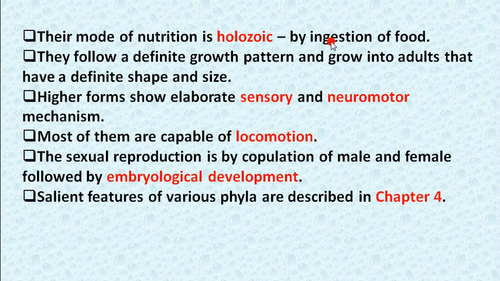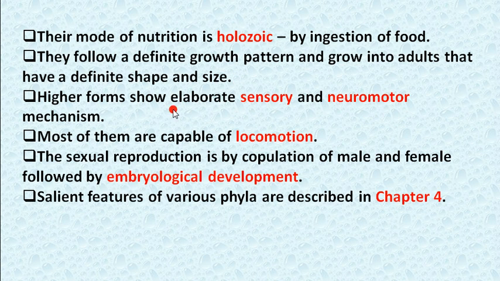That's why this is called holozoic. And they follow a definite growth pattern, complete and perfect. As you know, growth is only seen in living things. They grow into adults that have a definite shape and size. Slowly they become adults, and shape and size slowly develop. So this is about animals.